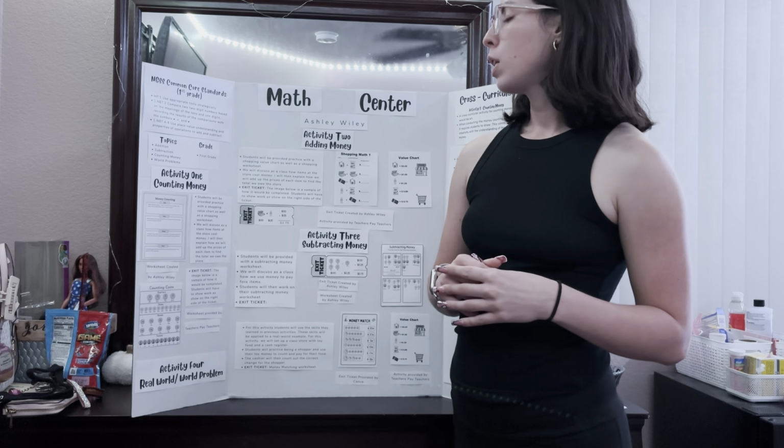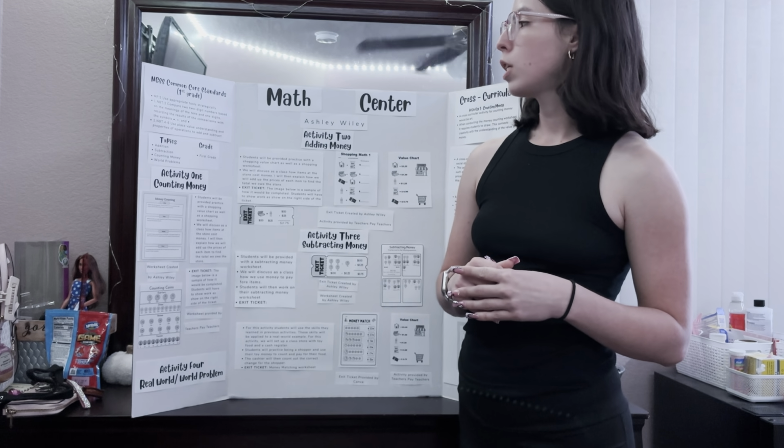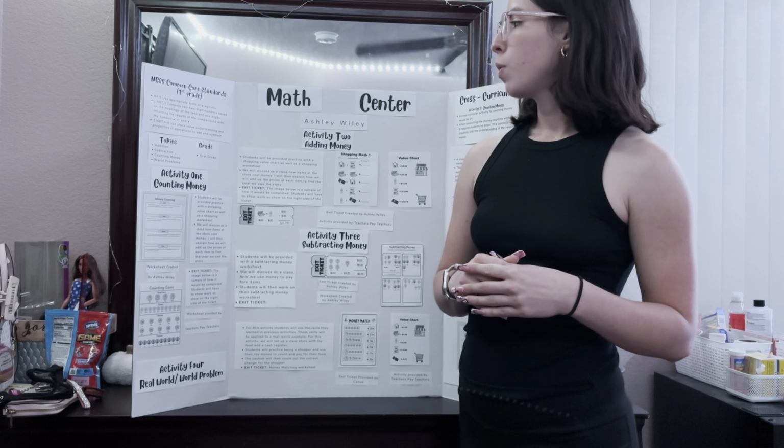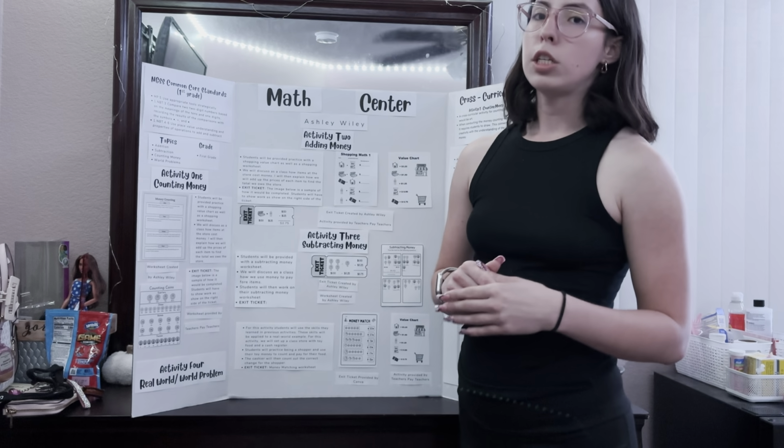And then the final one is 1.NBT.4-6, which is using place value and understanding properties of operations for addition and subtraction.